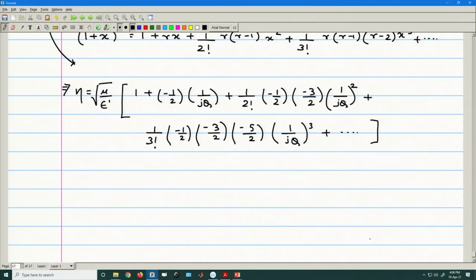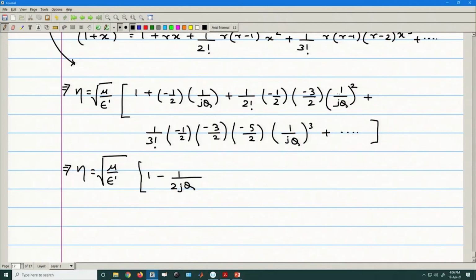Now simplifying we will get eta as mu upon epsilon prime, we will have this as 1 minus of 1 upon 2 jq. Fine. And this is 2 factorial, 2 twos are 4, 4 eights are 8, so 3 by 8.